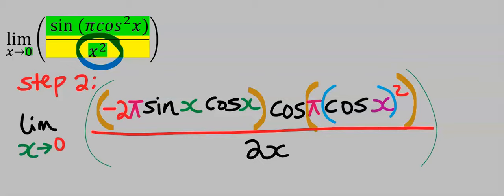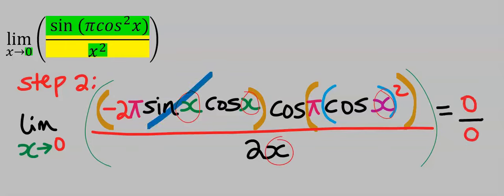Next, take the limit as x tends to 0. That is, in place of all this x, I'm going to have 0. This sine will generate 0, and at the denominator you equally have 0. Hence, we are going to have 0/0.